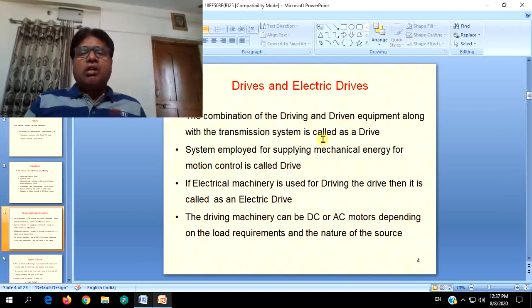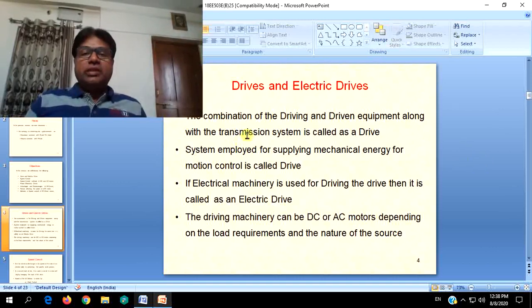All these things, the electric drives and the transmission system, gears and pulleys, the gear ratio, the efficiency of transmission between the driving and driven, all those things will be elaborately discussed in the subject of electric drives and control, which is in the 5th semester. You will get exposed to those topics. In this session, we will be just discussing the overviews of these things. We will be superficially discussing what is what.